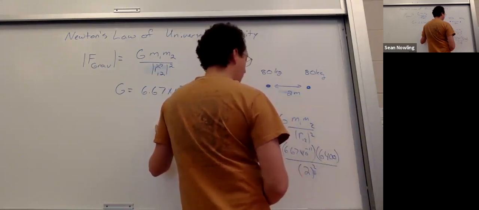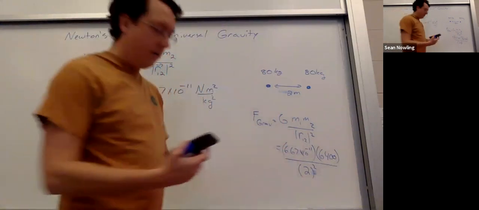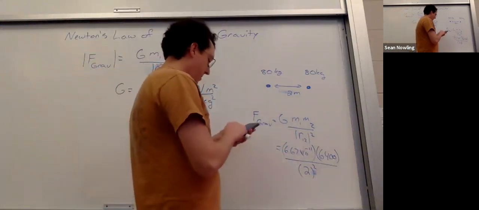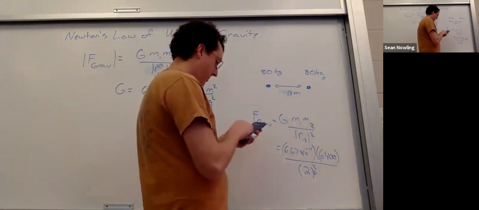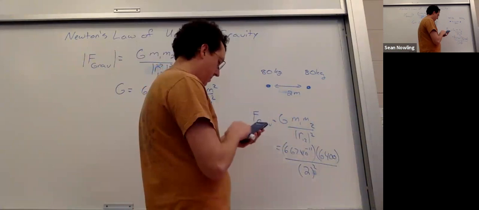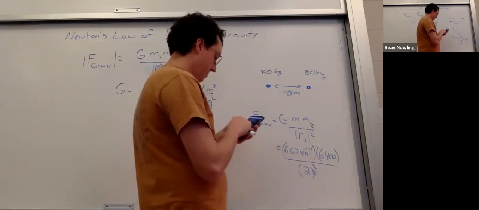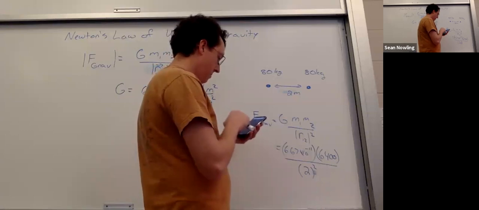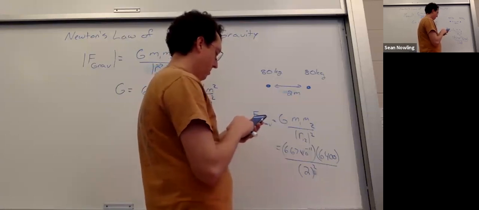I'm just going to use the calculator here rather than do it in my head. So I type it all in, 6.67 times 10 to the negative 11, close it off, times 80 squared divided by 4.